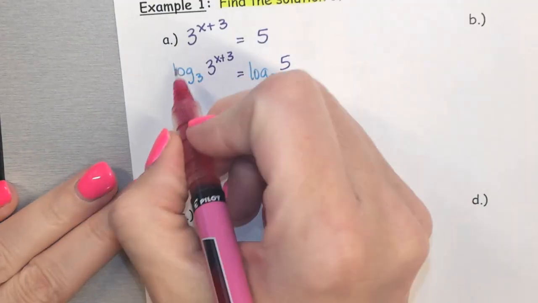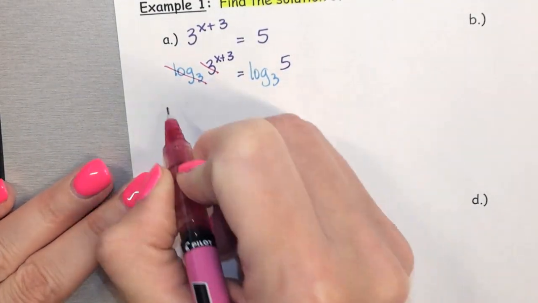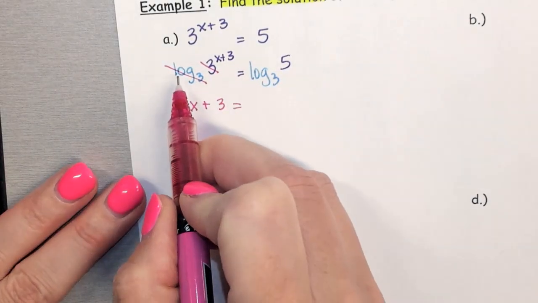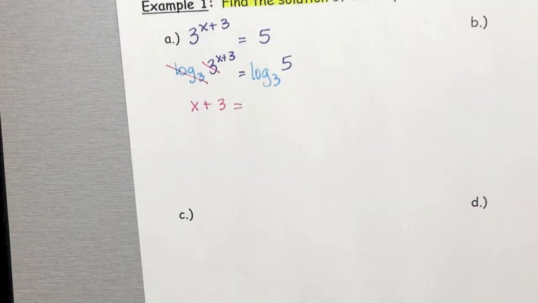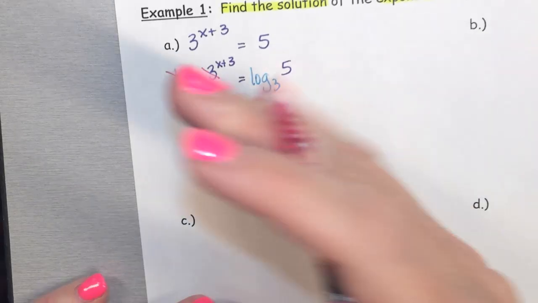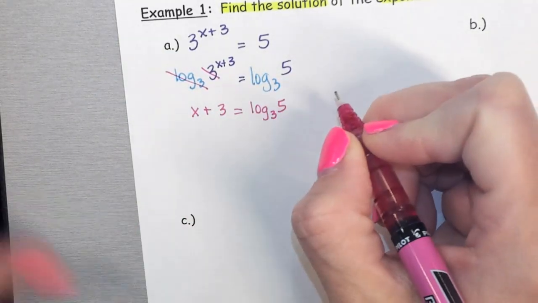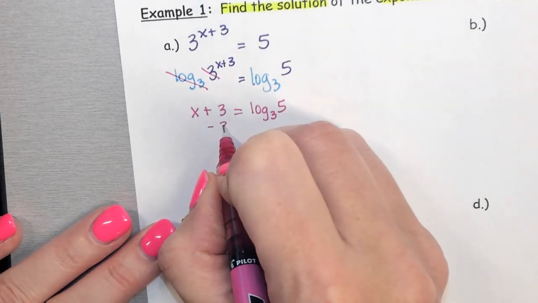So according to the power rule, this x plus 3 is going to come down in front. Okay, and then log base 3 of 3 is just 1. That's why they cancel, because 3 to the first power is 3. On this side, I'm just going to leave it as log base 3 of 5 for right now because I'm going to have to calculate that.